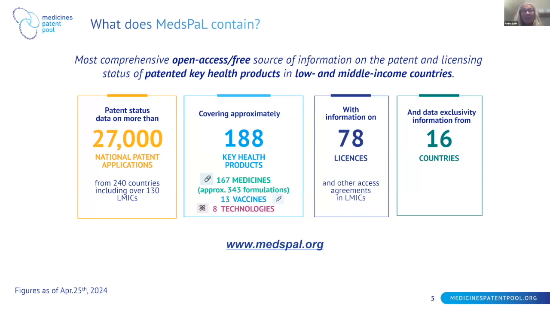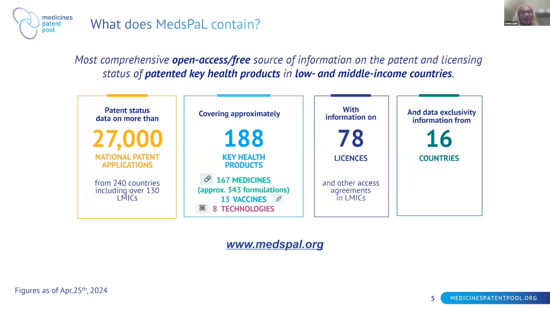So I'm going to start with the content. What does MedsPaL contain today? MedsPaL is an open access, free source of information. It is one of the most comprehensive on the patent and licensing status of patented key health products in low and middle income countries. The products that we have today, and we now call these key health products, in addition to medicines, so we have 167 medicines.